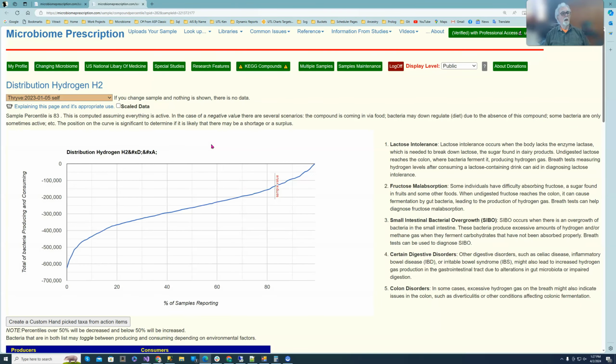If I click on the little chart, it will go over and show you the distribution of it. Now, you notice we have all the numbers being negative. And why is that? Because we don't have full information. We know only some of the bacteria that are there.